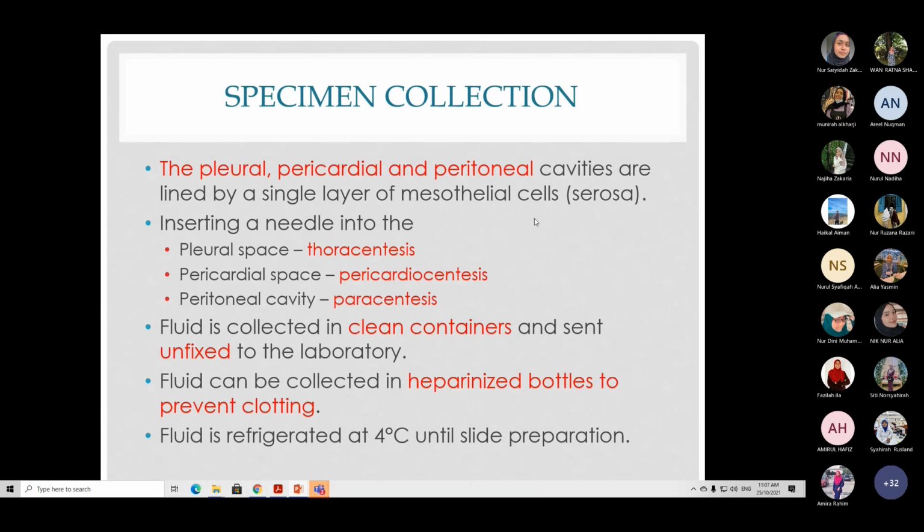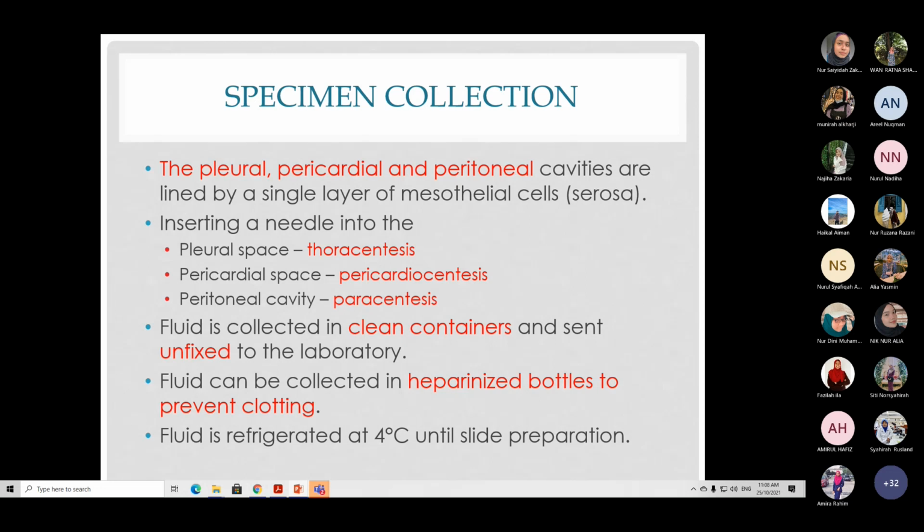So how are you going to collect the fluid from the three cavities that I just mentioned? So the pleural, pericardial, and peritoneal cavities are lined by a single layer of mesothelial cells. Okay, you know already this in the histology, year 1. Okay, the name of the lining, serosal layer, right?